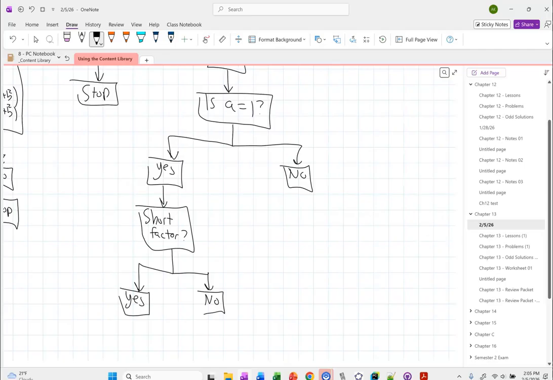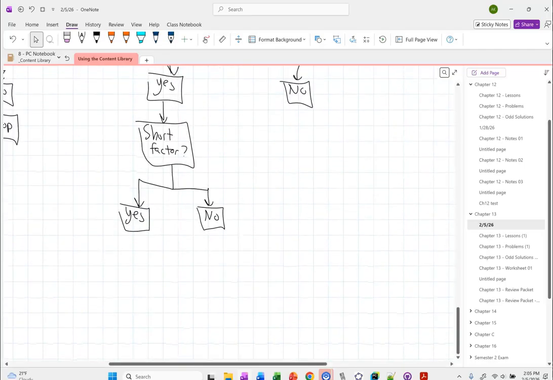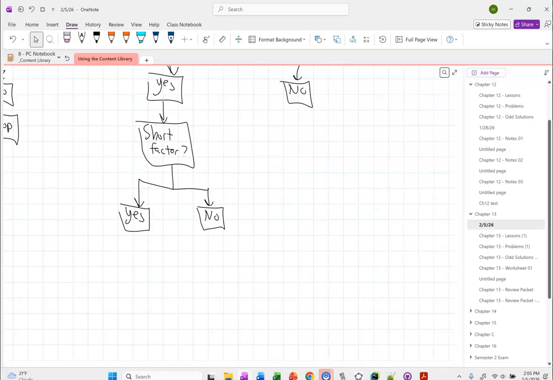So if the leading coefficient is 1, we check to see if we can do the short factoring, find two numbers that multiply to give us C, add to give us B, right?